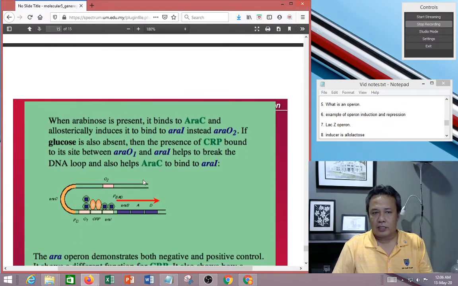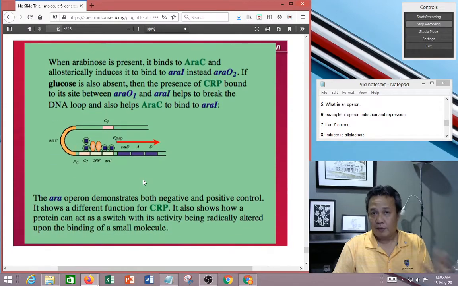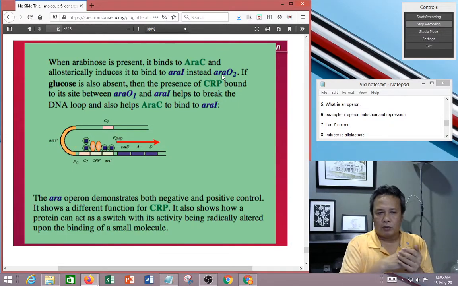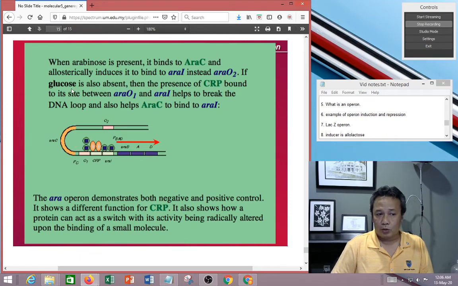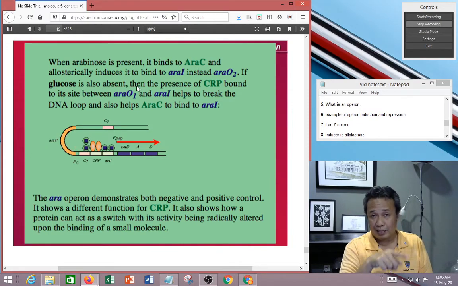When arabinose is present, then you need to start metabolizing arabinose. AraC, remember this word, allosterically changes so it binds to AraI instead of AraO2. So AraC now doesn't like to bind with AraO2, it likes to bind to AraI. If glucose is also absent, this one also involves the catabolite repression mechanism.